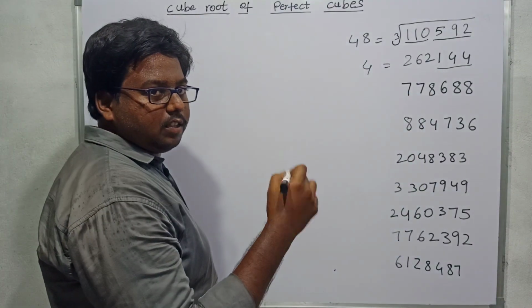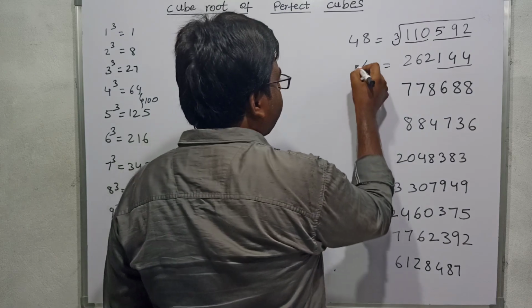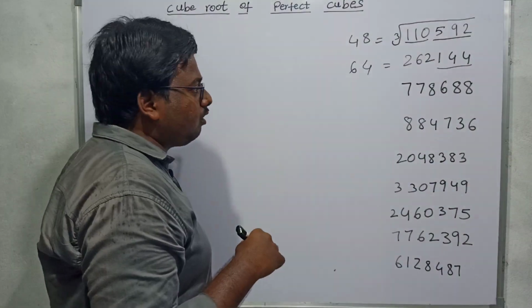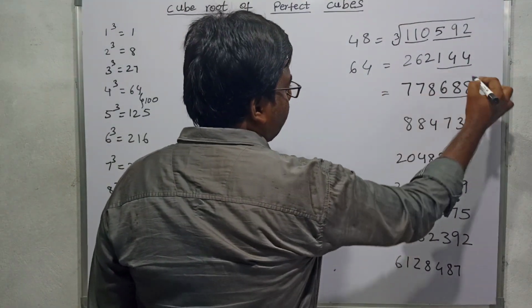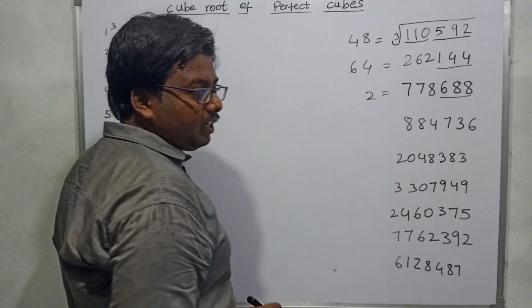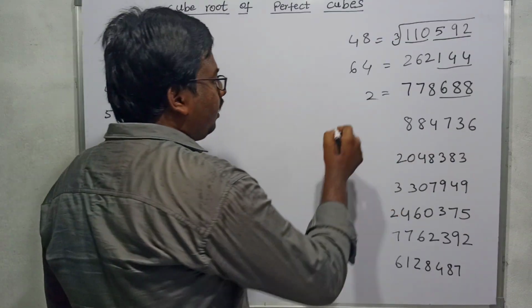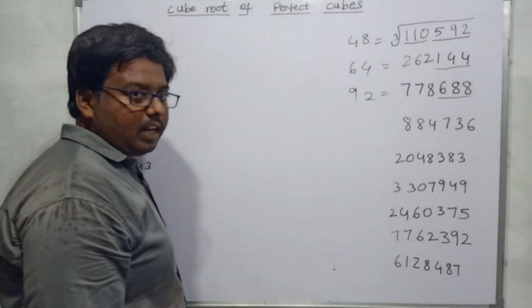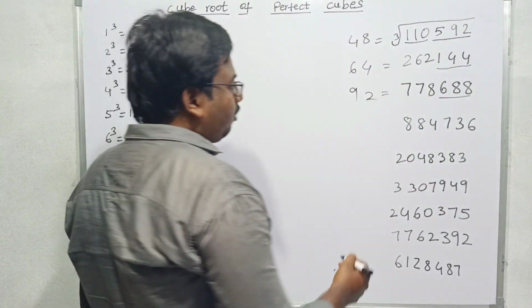Next, 262 lies between 216 and 343, so the tens digit is 6, and with unit digit 2, we get 68. Then 778 lies between 729 and 1000. 729 is 9 cube and 1000 is 10 cube.